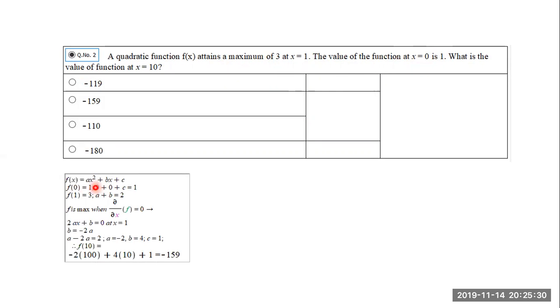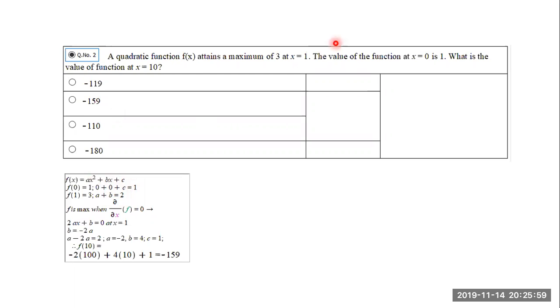Substituting, it becomes a into 0 plus b into 0 plus c is equal to 1. So we got c is equal to 1. And f(1) is equal to a plus b plus c, because a into x squared is a, b into x is b, is equal to 3, so a plus b is equal to 2, because c is equal to 1.